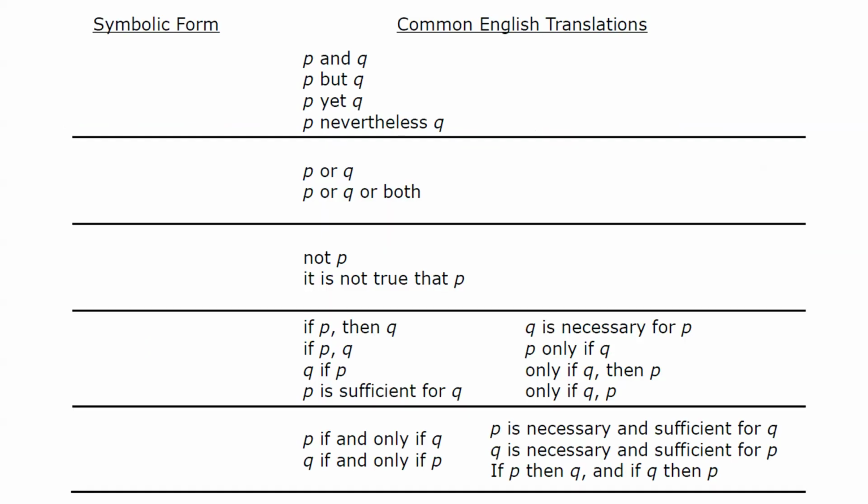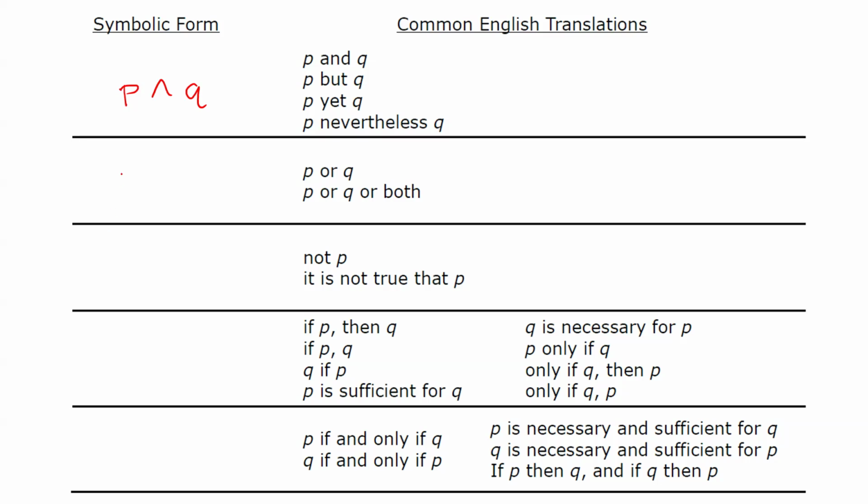Now there are other phrases that can be used to symbolize each of the different symbolic forms. So for P and Q, we would have P and Q, but you could also say P but Q, P yet Q, P nevertheless Q. So if any of those phrasings is mentioned in your statement, you can always write it in symbolic form using the and symbol.